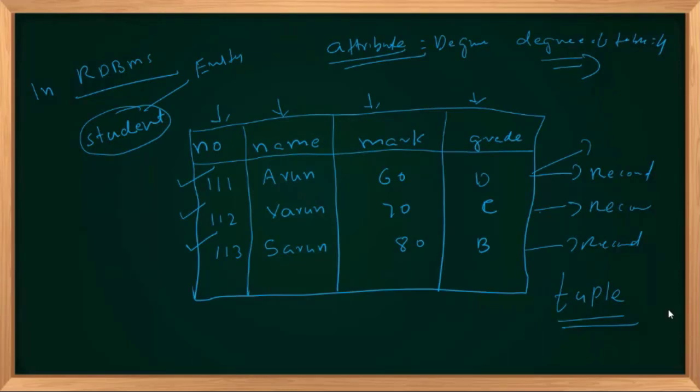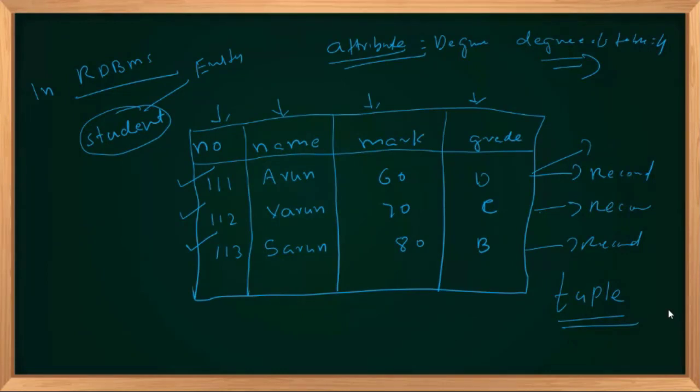What is a column value? Column values are known as attributes. What is degree?